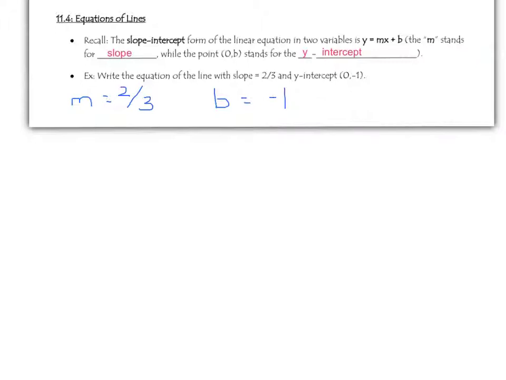So when we write our slope-intercept form of the equation, we're going to plug in 2/3 for m and -1 for b, so we'll end up with y equals 2/3 x minus 1.